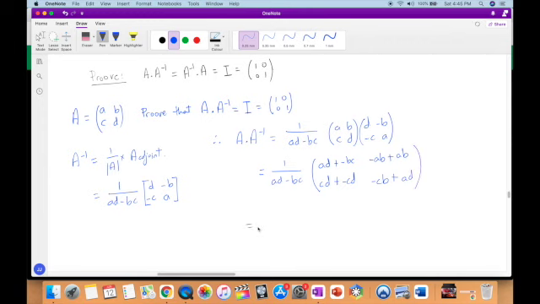So what am I going to get here? 1 all over AD minus BC. And you can see that this here is AD minus BC. This one here actually worked out to be 0. This one here worked out to be 0.